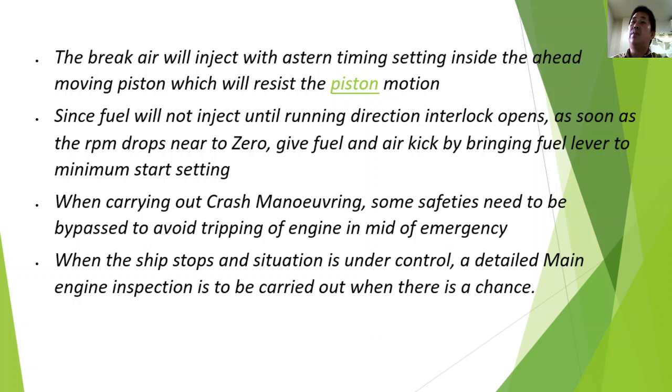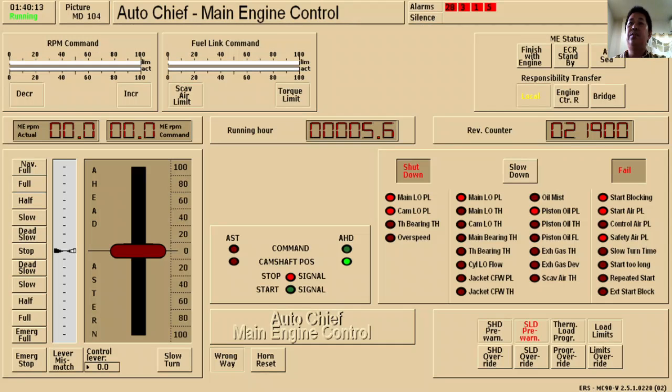Because probably the engine has been affected by the crash astern maneuvering, so it is subjected to a lot of stress. So the inspection should be carried out when there is a chance, especially of the piston rings and liners.